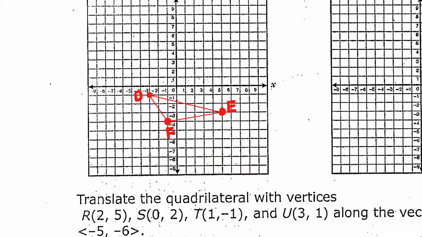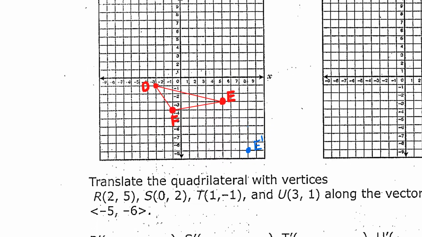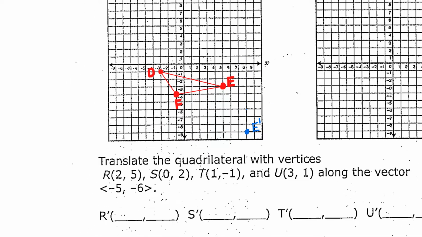So for point E, 1, 2, 3 to the right, and then down 1, 2, 3, 4, 5, 6. So it's going right there. Okay, F: 1, 2, 3, then 1, 2, 3, 4, 5, 6, right there.